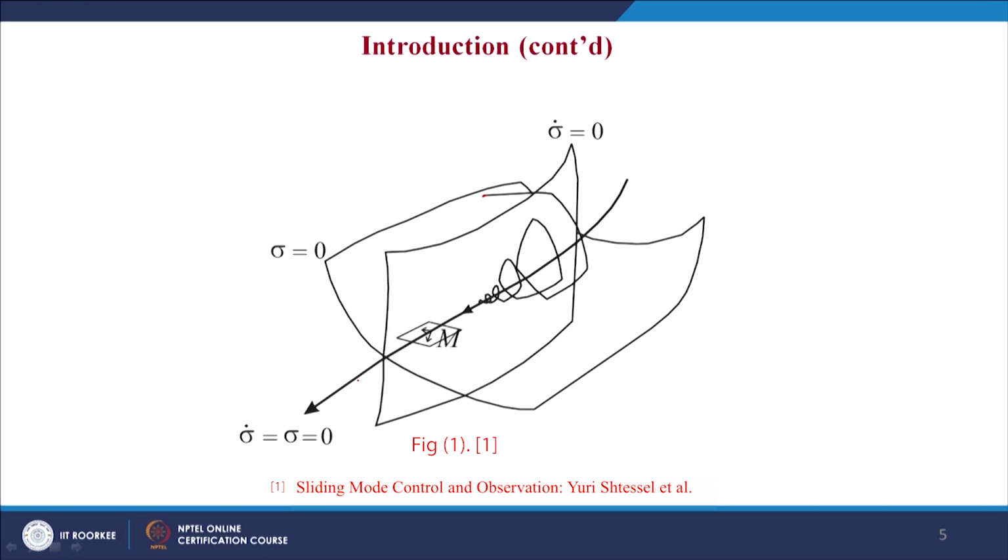That is the proof we are going to see, because we have taken two planes, one corresponding to sigma dot equal to 0 and another to sigma equal to 0. When these two planes intersect, we have a line of intersection, which is where the trajectory of the states will reach and slide to the equilibrium point.